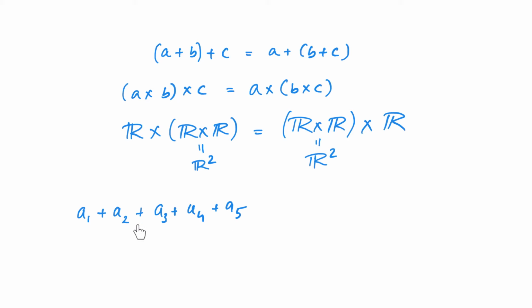Or first add a2 and a3, then add a4 to it, then add a1 to it, and then add a5 to it, and so on. So the order in which you carry these operations does not matter. And we are saying that something similar holds true even for the Cartesian product. So in some sense, this is some form of associativity that we have.